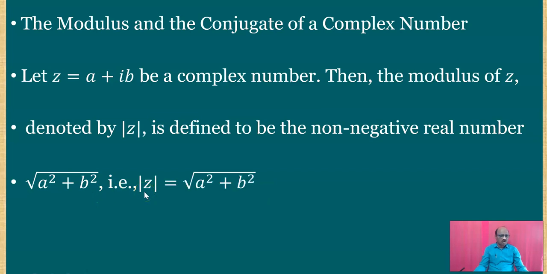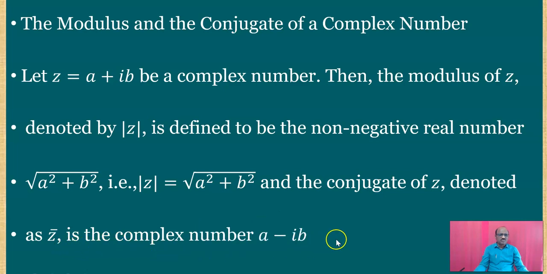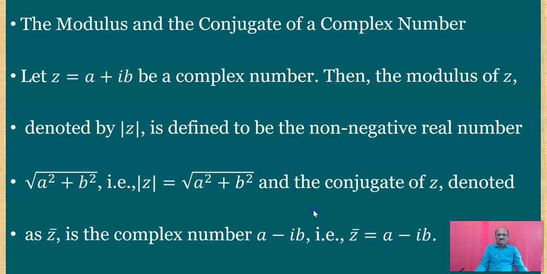That is, |z| = √(a² + b²). And the conjugate of z, denoted z bar, is a complex number which is a - ib. Therefore z bar = a - ib. This is the conjugate of z. What is z equal to? z = a + ib. Therefore its conjugate, that is z bar, is equal to a - ib.